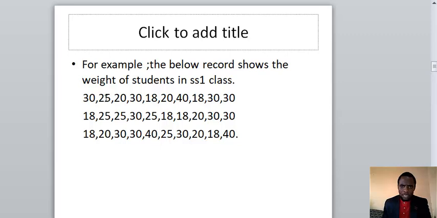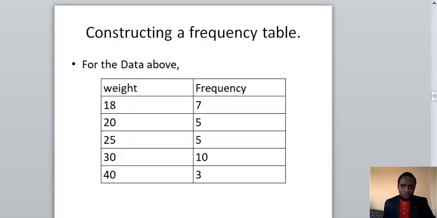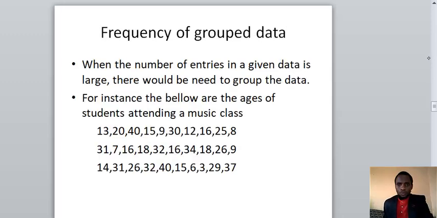We have 1, 2, 3, 4, and 5. So 25 is 5. Then if you count, 30 is 10, and 40 is 3. So this is how we present a frequency table.